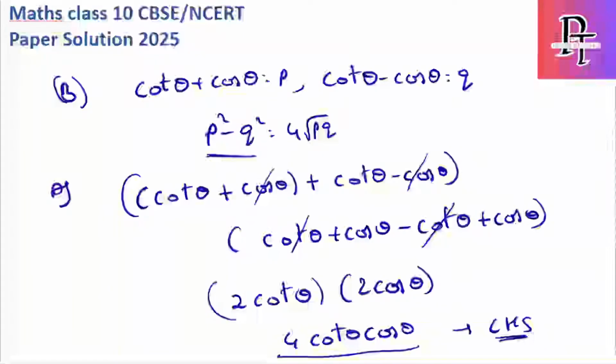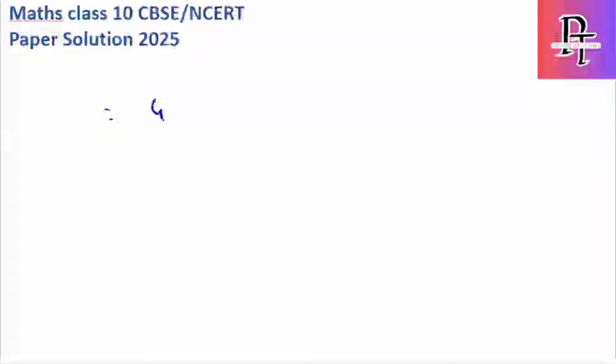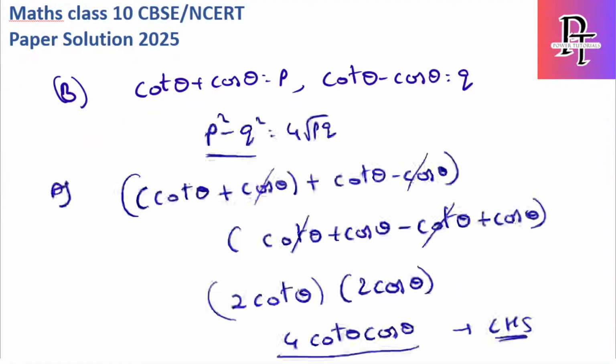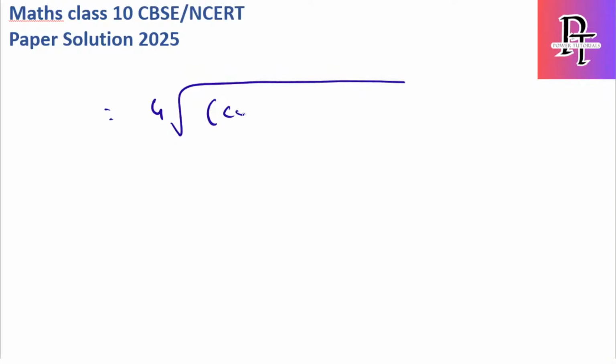Now let's solve what is 4 root of PQ. This is important. 4 root of P into Q. So what is P? Cot theta plus cos theta into cot theta minus cos theta.